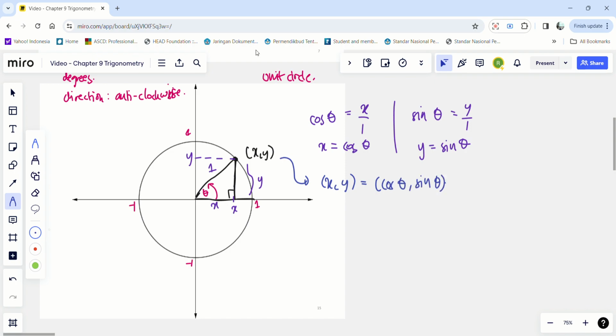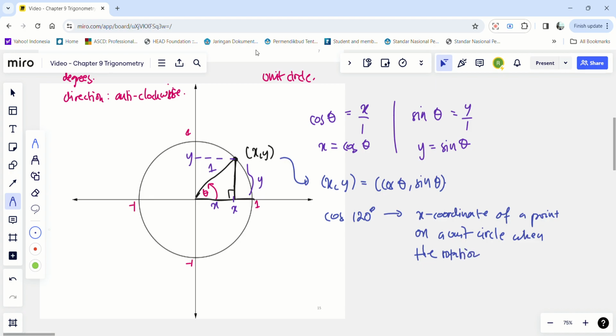In other words, when we're talking about, let's say for example, cos 120 degrees, that actually means the x coordinate, right, of a point on a unit circle, right, when the rotation is 120 degrees from positive x-axis. In other words, cos 120 degrees will be, let's say, somewhere here.